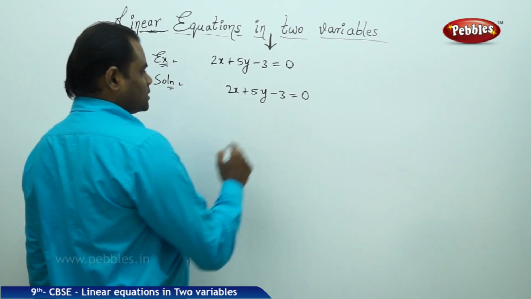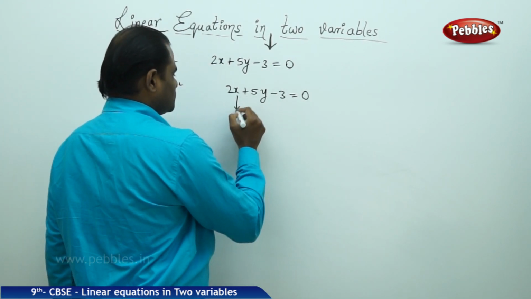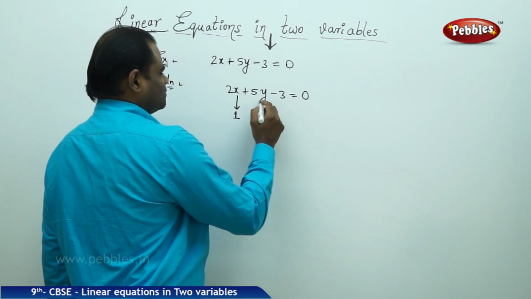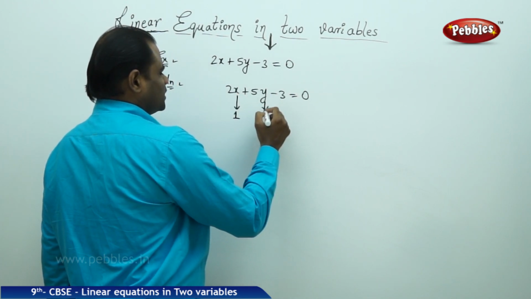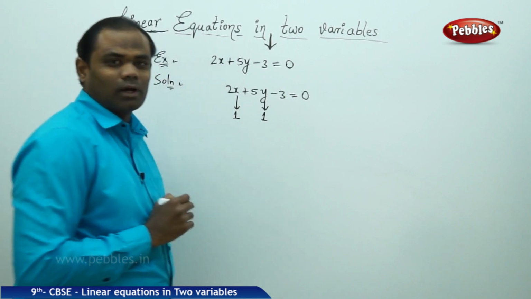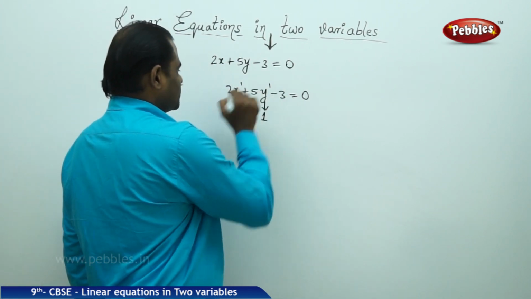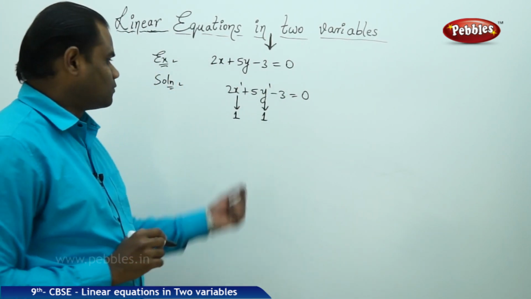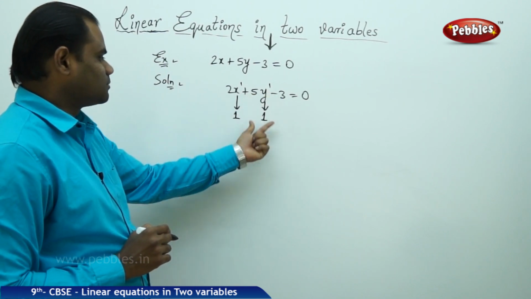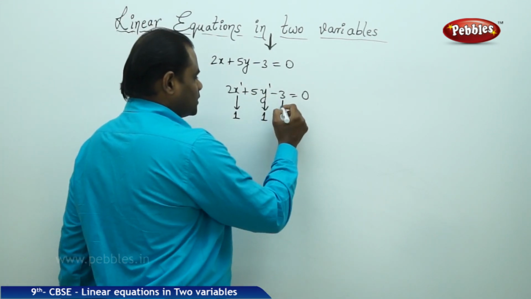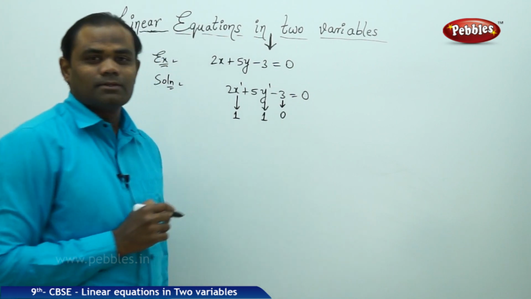Rule 2 is that the degree is 1, because its power is 1 for each of x and y. So for the first term the degree is 1, for the second term the degree is 1, and for the third term the degree is 0.